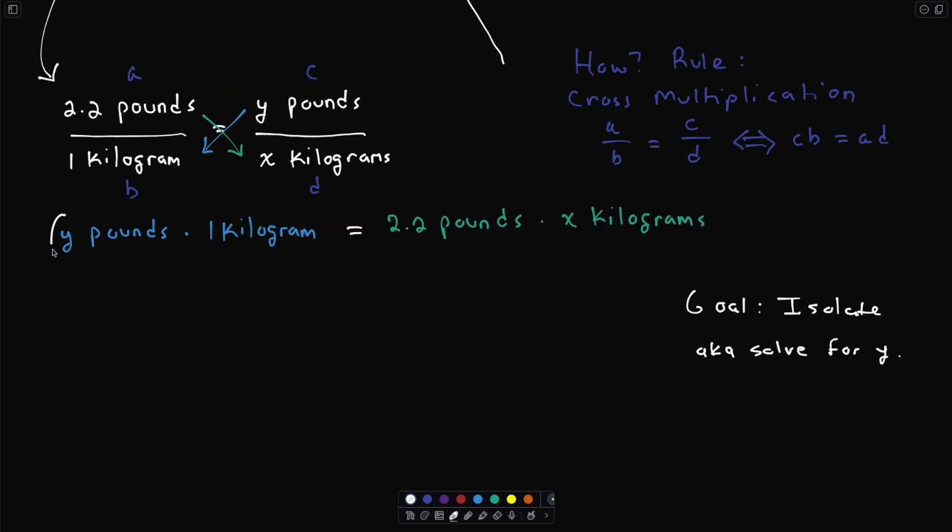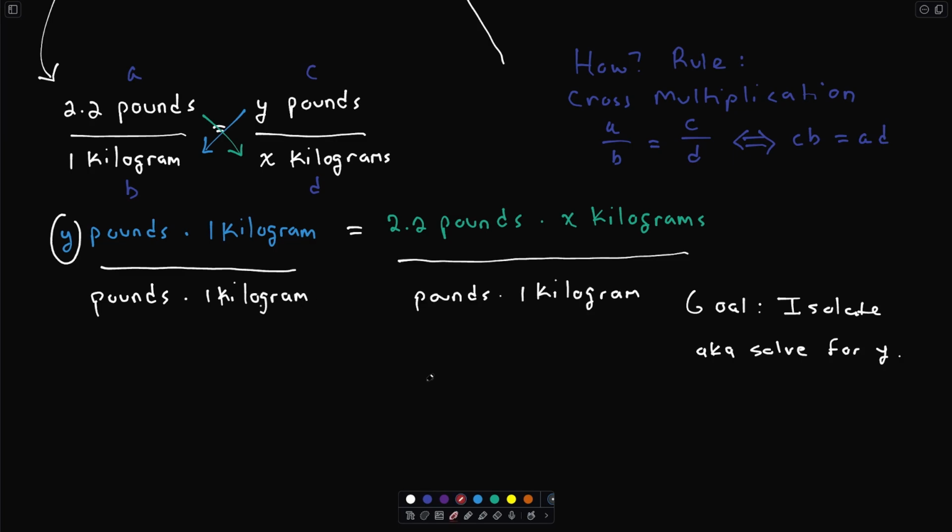So my Y is there, and it's being multiplied by pounds times 1 kilogram. So the opposite of multiplying by something is dividing by something. So I'll divide it by pounds times 1 kilogram. So I can begin isolating Y. What I do to one side, I do to the other. And now as you can see, the pounds and the kilograms simplify.